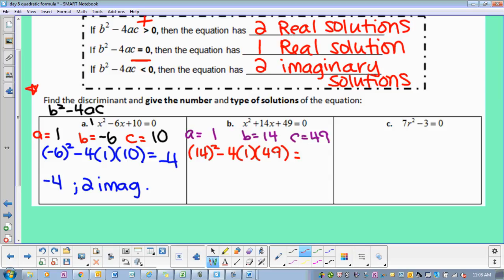What do we get? 0. Good. You should get 0. So if we have 0 as our discriminant, what does that mean about the number and type of solution? Then the equation has one real solution. Good. One real solution.